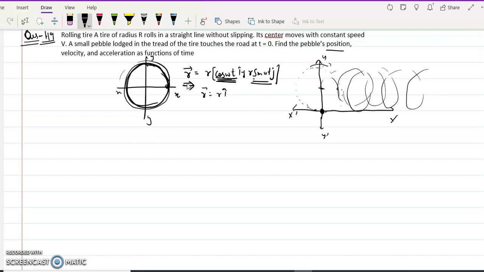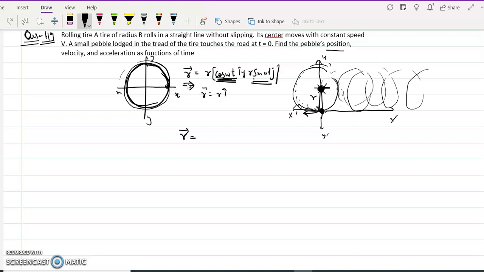But for this pebble, at t equal to 0, the particle is here, with respect to the center of the wheel if we choose it as origin, and the particle velocity at t equal to 0 is in this direction. So the position vector with respect to the center of this wheel can be given as follows.